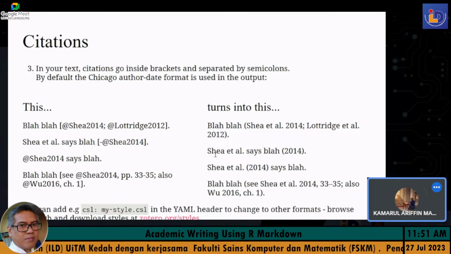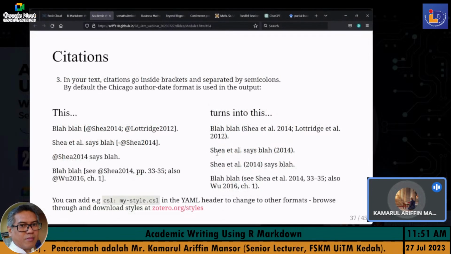Right? Can you use other citation formats? Yes, you can. If the journal that you are sending your article to is using Chicago, then you can use Chicago as your citation format. How to do that is just by going to the Zotero organization website and downloading the CSL file.